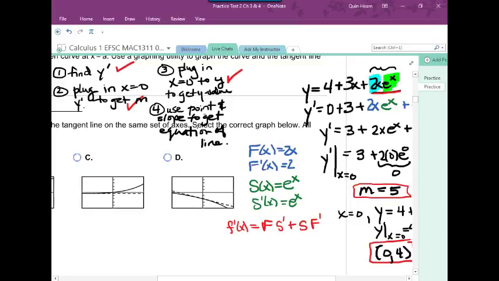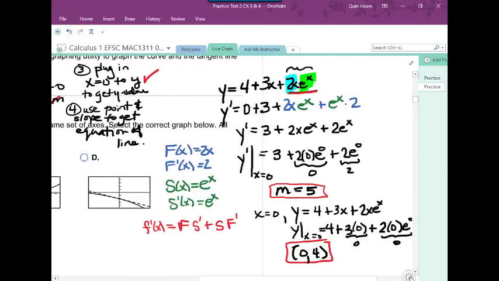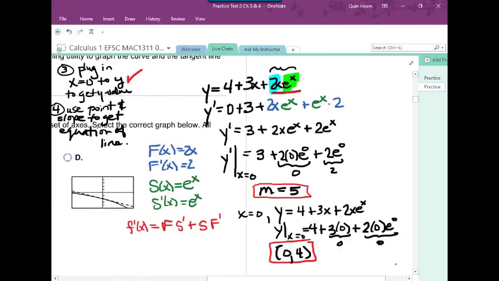Okay, and then use the point and the slope to get the equation of the line. Now, at this step, since this is calculus, and you guys have taken a lot of math classes prior to this and done a lot of algebra, you may have learned different procedures for writing the equation of a line.